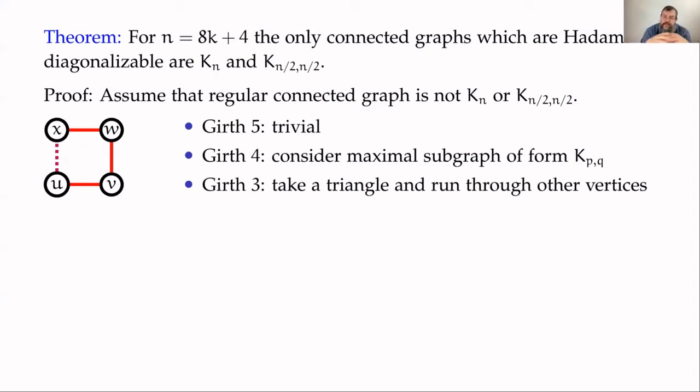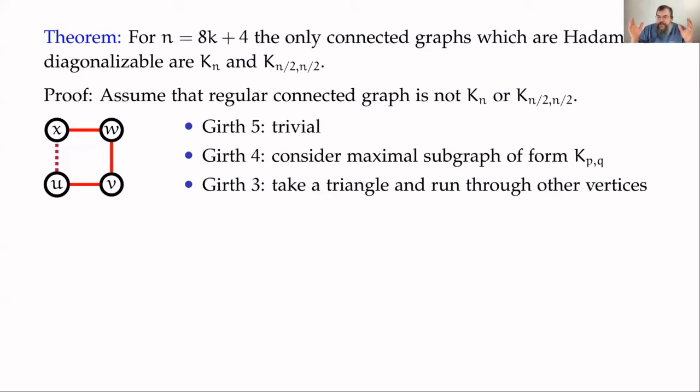Well, let's look at the girth. Suppose the girth is 5. If the girth is 5, we're done because there's a pentagon. Just grab a path on 4 vertices on that. Okay, no problem. What if we have girth 4? Well, if girth 4, that says we have at least a K2,2 somewhere. So now take the largest complete bipartite graph you have.